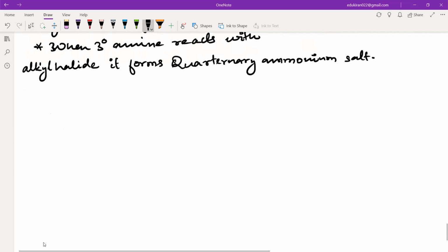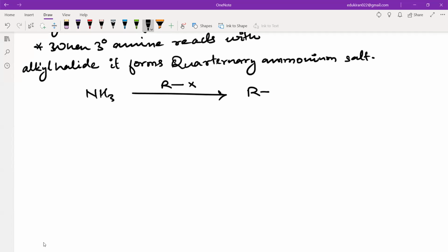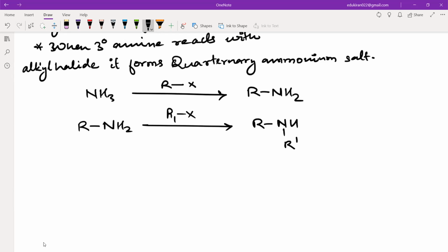Let me also give you the reactions if you don't remember. We saw this yesterday. If you start with ammonia, you react with any alkyl halide, RX, you will get RNH2. You react RNH2 with R1X, you will get RNHR1.